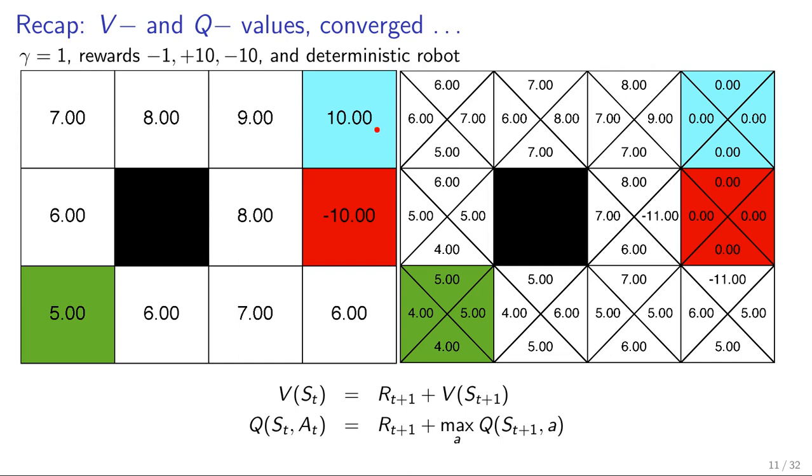And the correspondence is clear. A Q value means I fix the action that I take. So in this case, I do the action down, I do the action left, I do the action up, and then from then on, I would behave optimally or following a particular policy. But from this state, there are these 4 actions, and the correspondence here is that the 7 is this 7. The max of the Q values is actually the value.